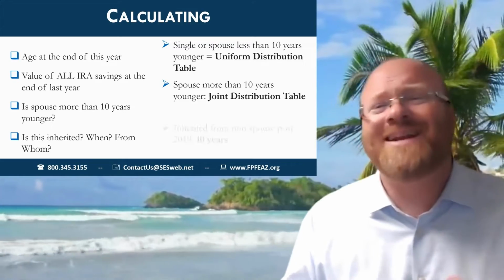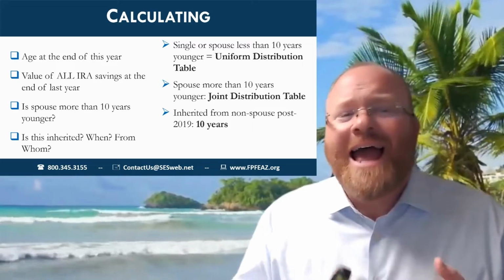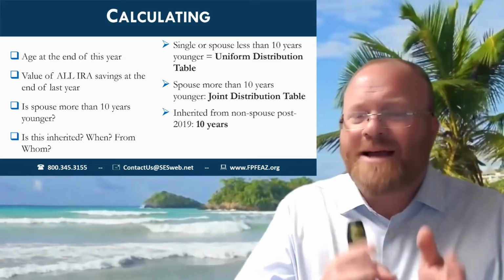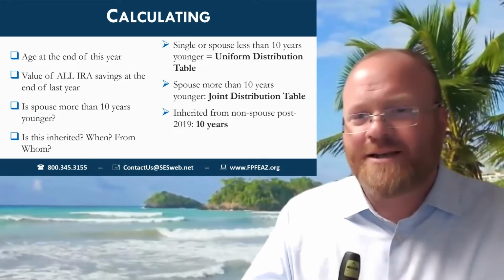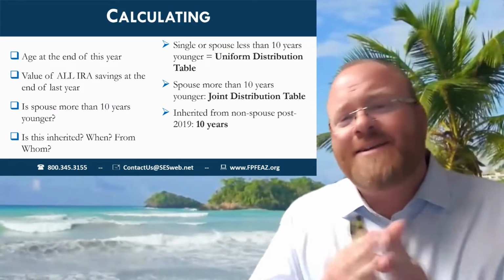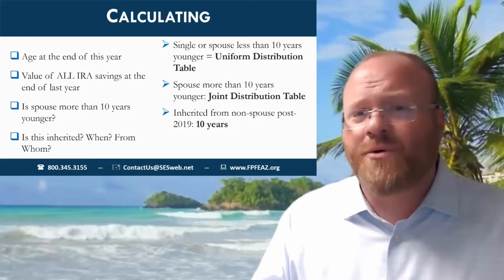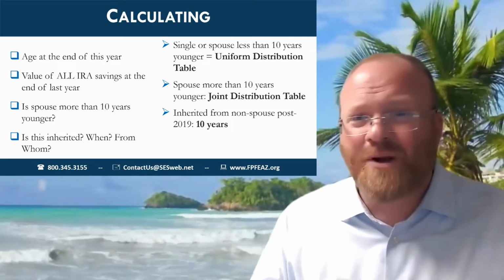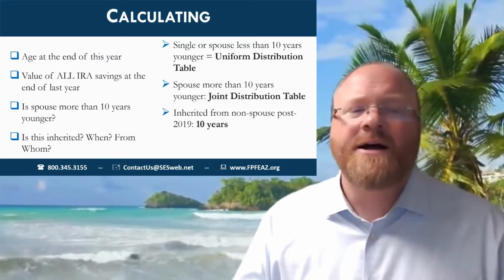If you happen to inherit this money, if the person passed away after 2019, meaning 2020 or later, then we have a 10-year distribution rule for the most part. A couple of weird little exceptions here and there.